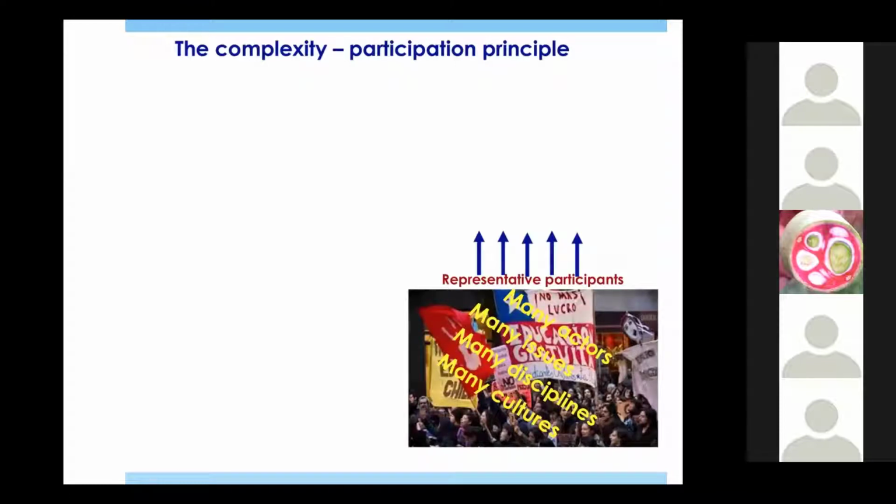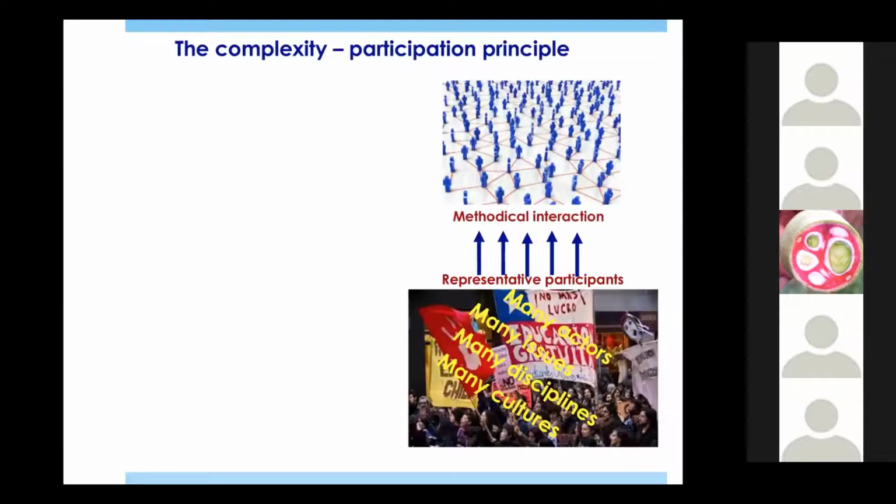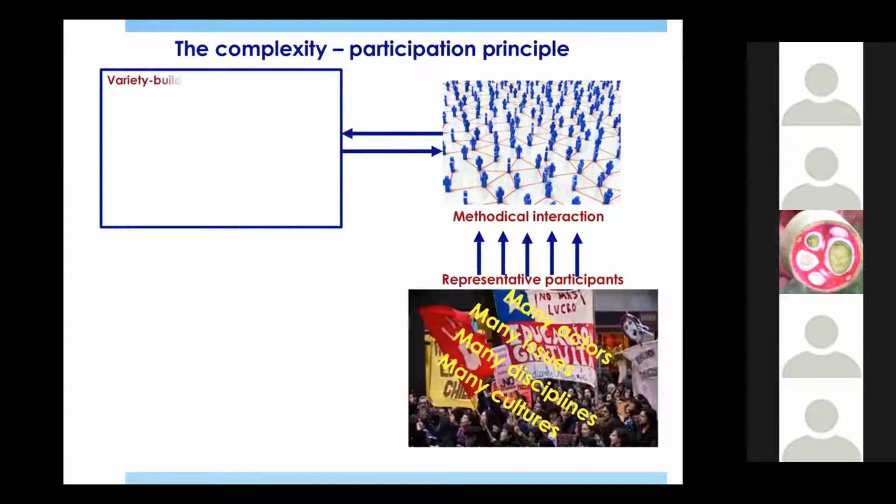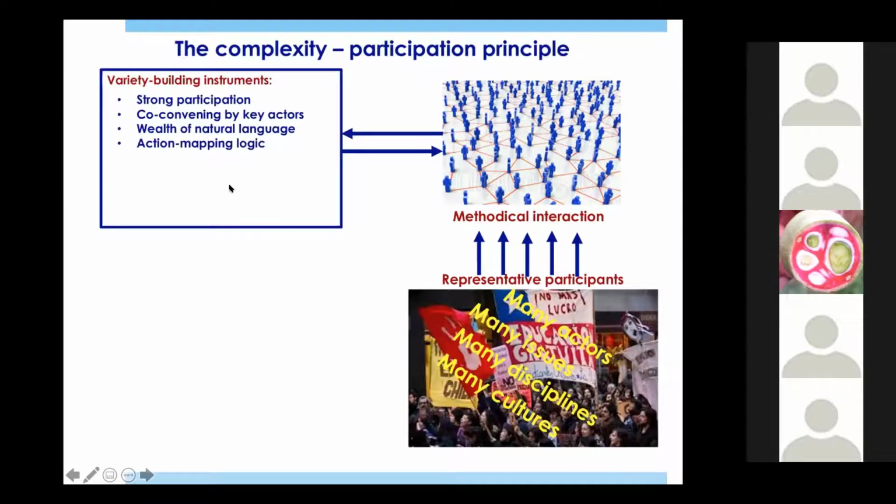Through representative participants who interact methodically, we apply variety building instruments: strong participation, co-convening by key actors, wealth of natural language, action mapping logic, co-creation of meaning, mobilization of tacit knowledge, four high variety tools, enabling leadership, and the steps of the participatory innovation process.